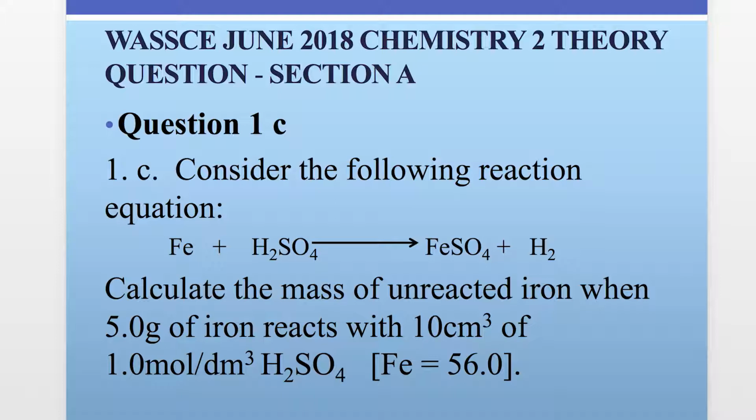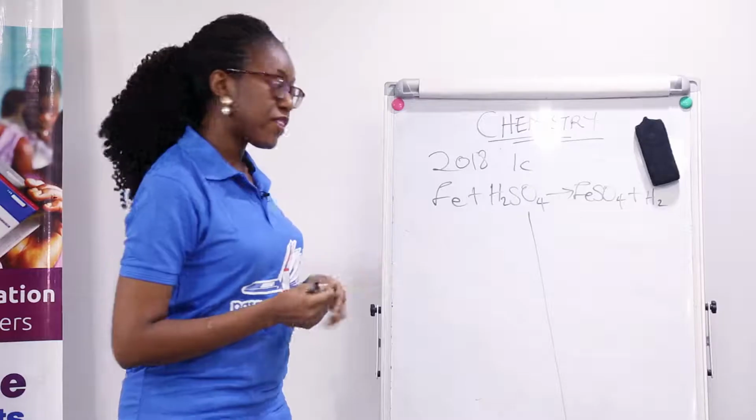Calculate the mass of unreacted iron when 5.0 grams of iron reacts with 10 centimeter cube of 1.0 mole per dm cube of tetraoxosulphate VI acid. And we are given the relative atomic mass of iron as 56.